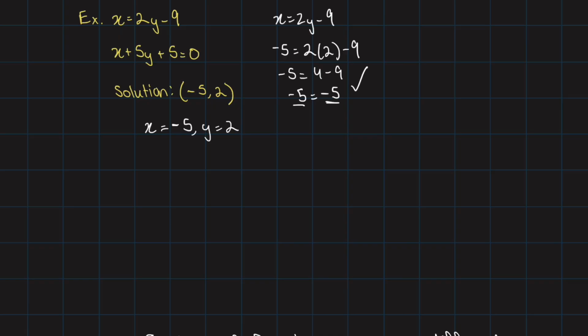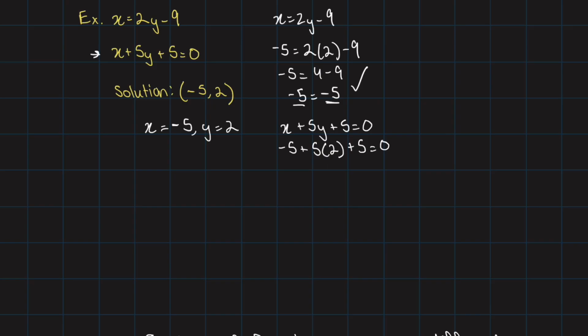But again, we're not done yet, and we have to also test the second equation. We have x plus 5y plus 5 equals 0. X is negative 5, so we have negative 5 plus 5 times y, which is 2 in this case, and then plus 5 equals 0.